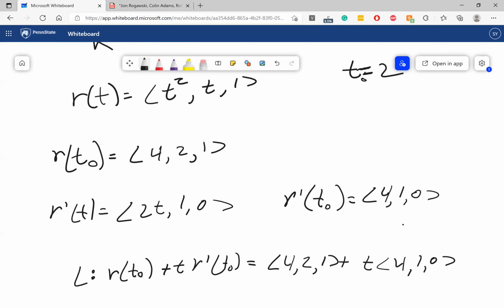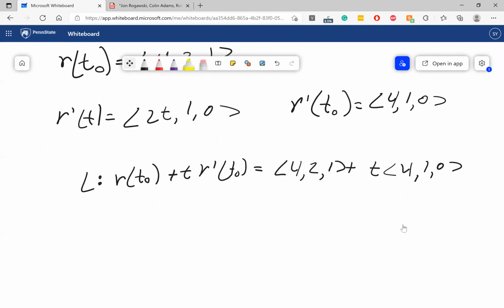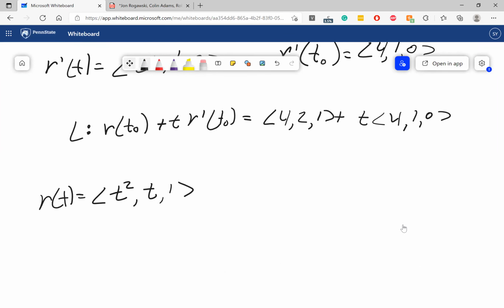Any questions about this? So whatever this curve looks like, and it's actually not hard to see what this curve looks like. It's 1 in the z direction. Let me write it here. r of t is equal to t squared, t, and 1. So if we look at our X, Y, Z coordinate system, we go up to 1 in the Z plane.